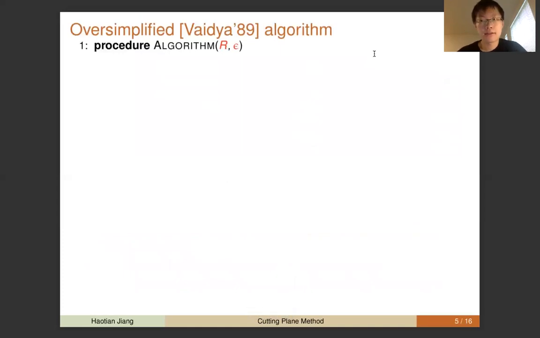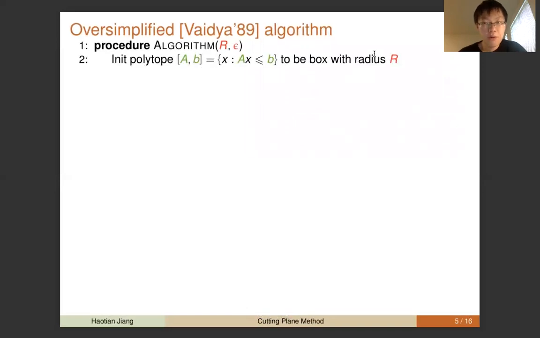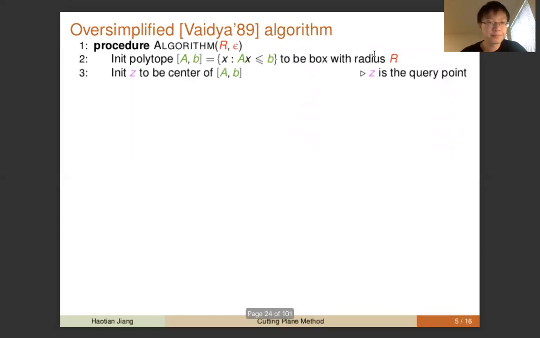So now let's start by introducing a very simple version of Vaidya's algorithm. The algorithm always maintains a polytope that contains the feasibility region K, which is initialized to be the box with radius R. We also initialize z to be the center of the polytope, where z will be our query point for the separation oracle.